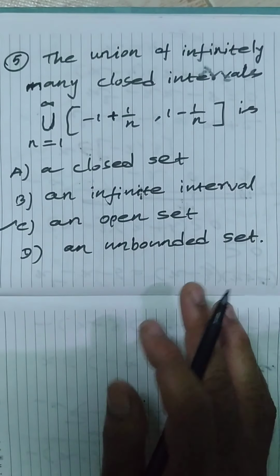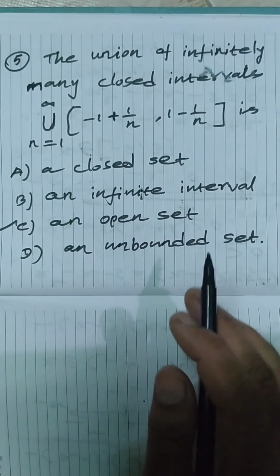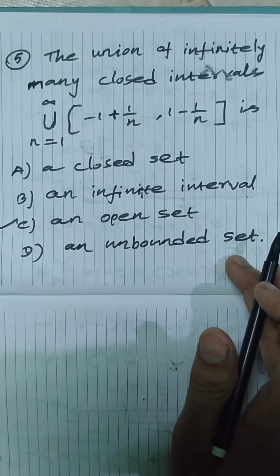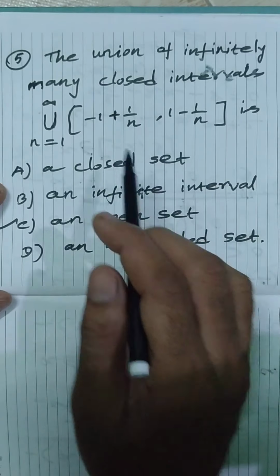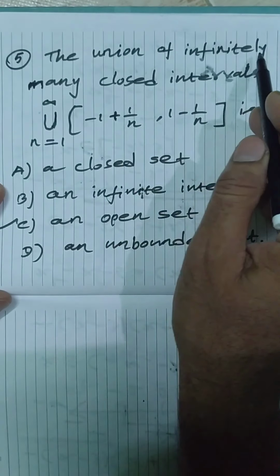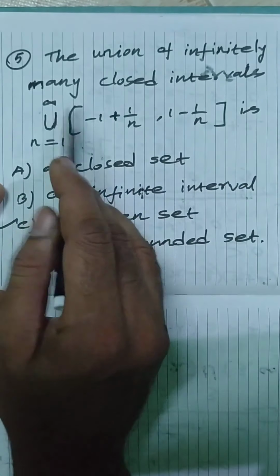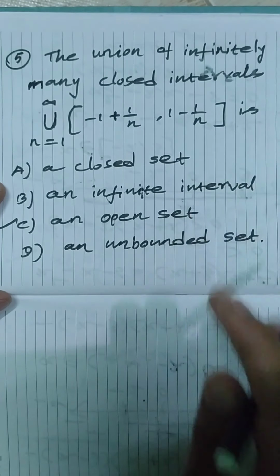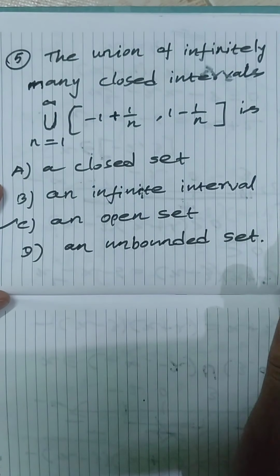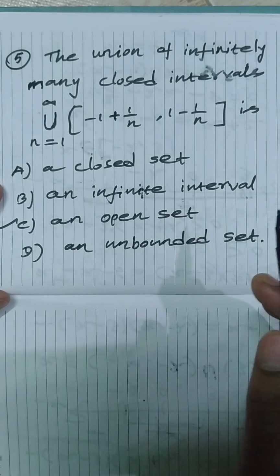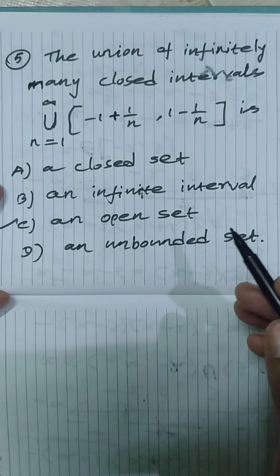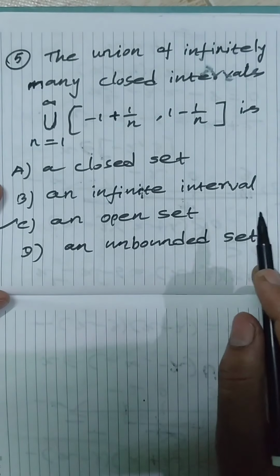Fifth one, very very interesting question, all the questions are interesting. The union of infinitely many closed intervals is... Actually, we have already studied a theorem: the union of infinitely many closed intervals may not be closed.